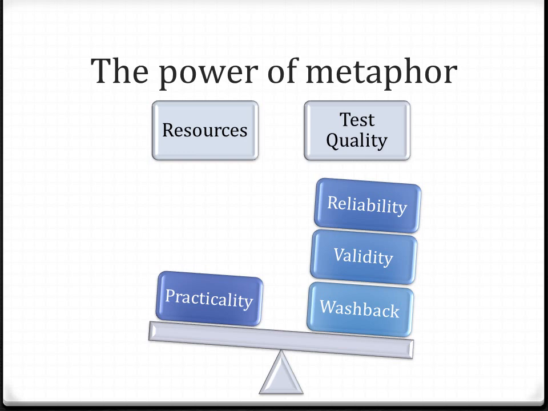So these are sort of the four we all want to tell our students: reliability, validity, practicality, washback, some variation of this. There are different ways of describing these concepts visually, but I like to do it as a scale because we want all these good things, but we have to balance them with practicality.